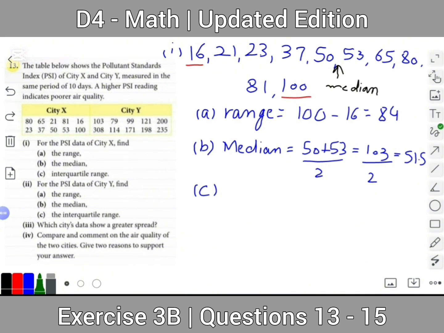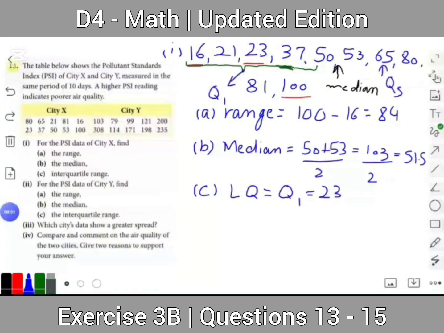On the left-hand side of the median, the first 5 values make the lower half of the data, and the other 5 values on the right side of the median make the upper half. The middle value of the 5 values on the left side of the median is 23. So the lower quartile Q1 is equal to 23.